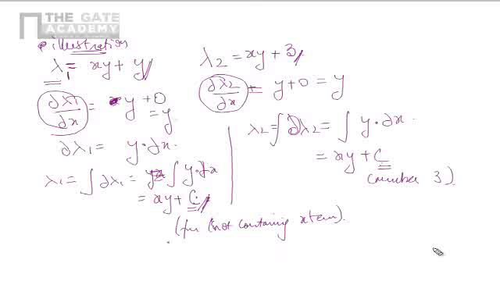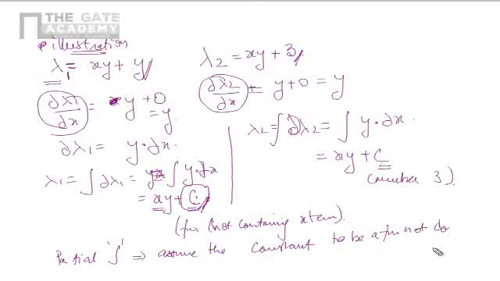So when we are doing partial integrations, we have to be very careful. We don't know whether the constant is really a number or a function which is not containing the corresponding term. We have to be really very careful on this point. So whenever we do partial integration, we always assume the constant to be a function not containing the corresponding variable.